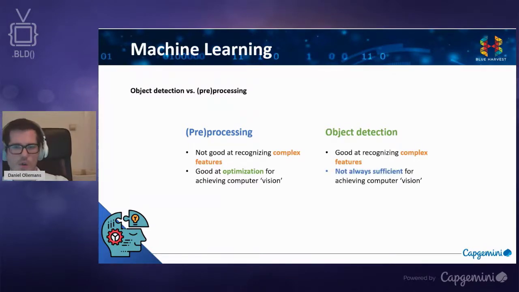But it may not always be sufficient for achieving computer vision on its own. If we think back to the noisy license plate that we saw earlier, it's clear that simply locating an object is not always enough to make it readable by, say, an OCR engine. If you are able to isolate the license plate, but it's very noisy and the quality is rather bad, you will still have a hard time trying to read it.